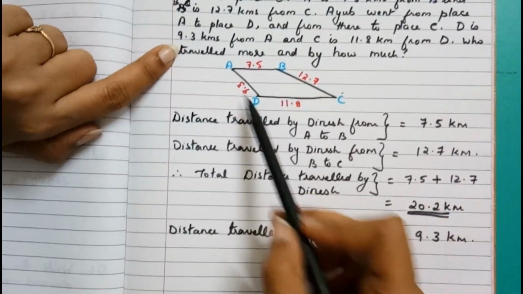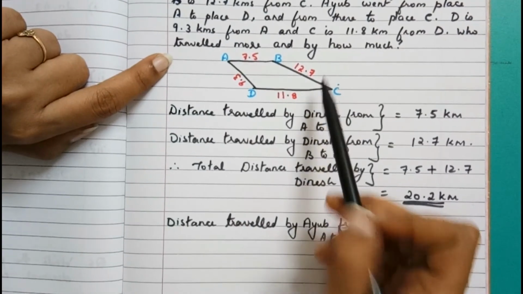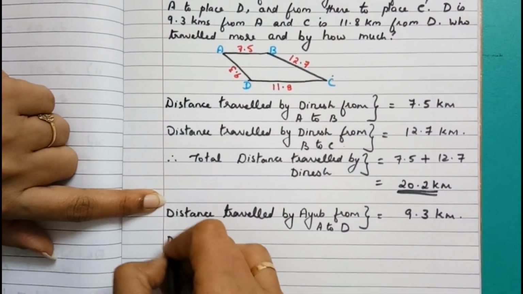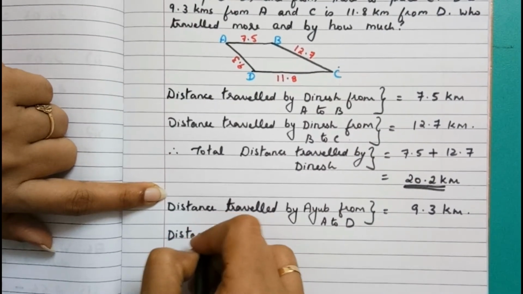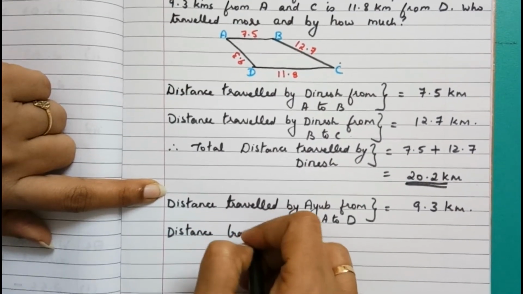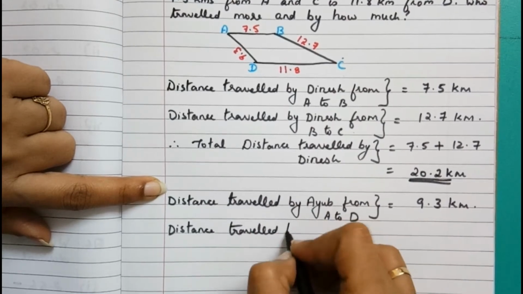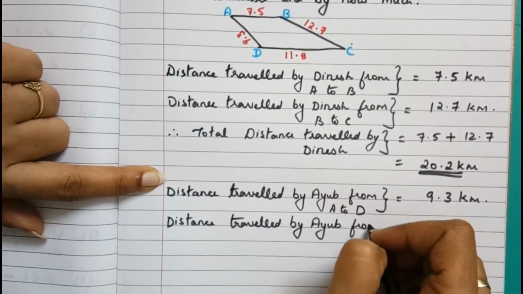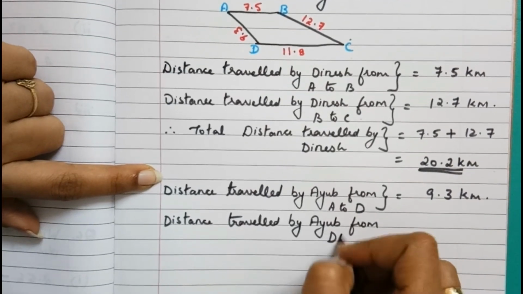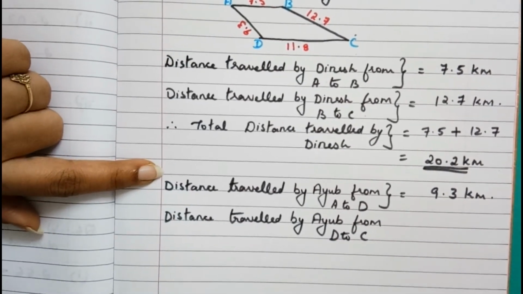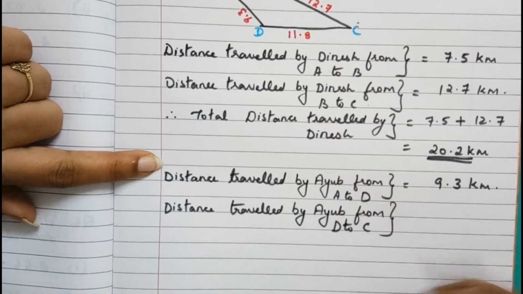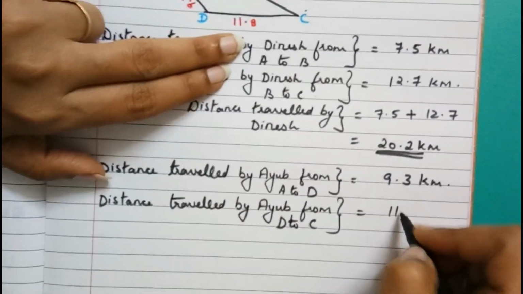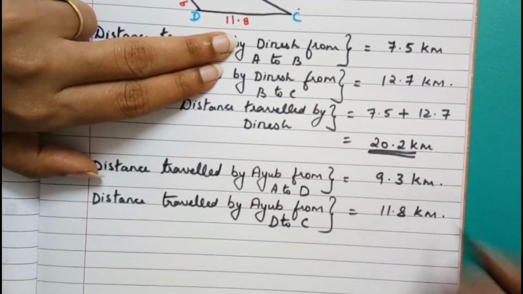Okay, and from D he travelled to C, and what is the distance there? 11.8. So what will be the statement here? It will be distance travelled by Ayub from D to C. Okay, what is the distance travelled? 11.8 kilometers.